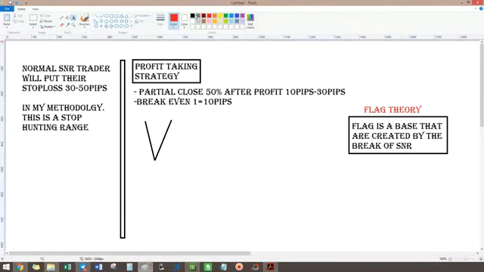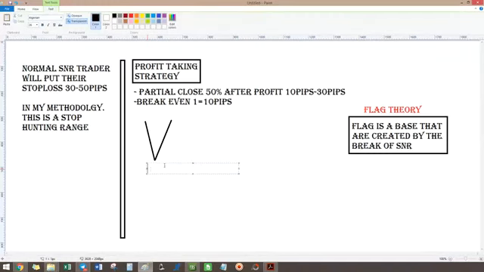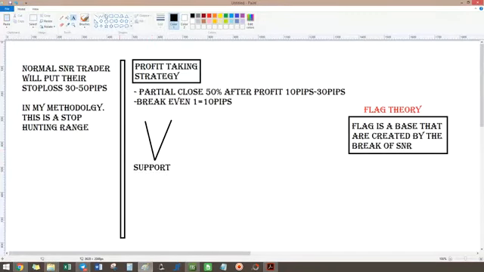So over here you've got support, and this will be your support level. Mark it in red. And then there will be a break.